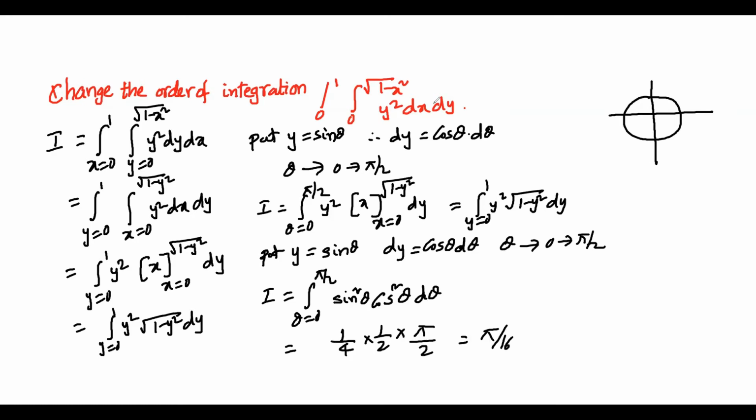Once you substitute after the integration, the lower limit and upper limit values only will be considered. Then pi by 16 will come. So I is equal to finally pi by 16. This one I'm giving as homework to you, how it comes.